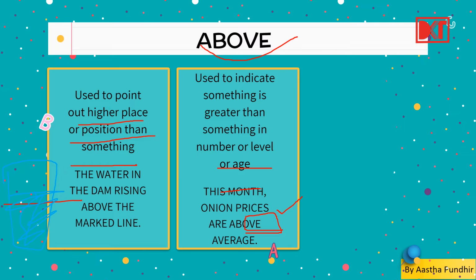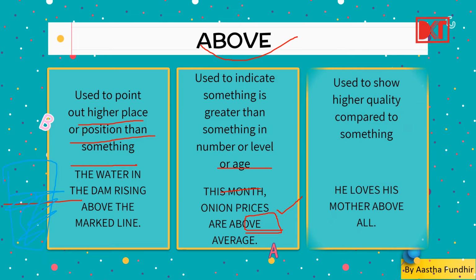Alright, so they are more than that. Other usage could be higher quality compared to something. For example, he loves his mother above all. सबसे ज़्यादा he loves his mother. So these are the examples where you can use above.